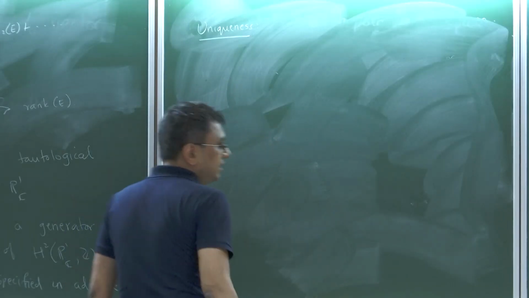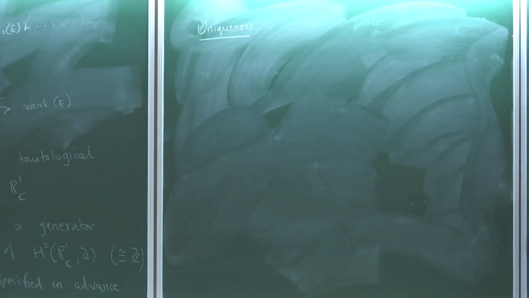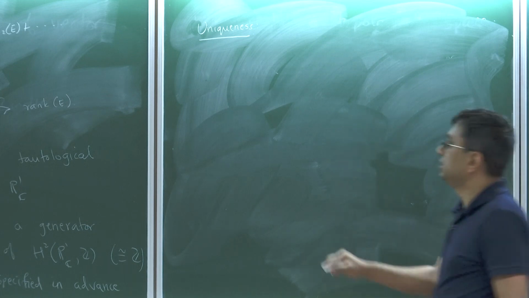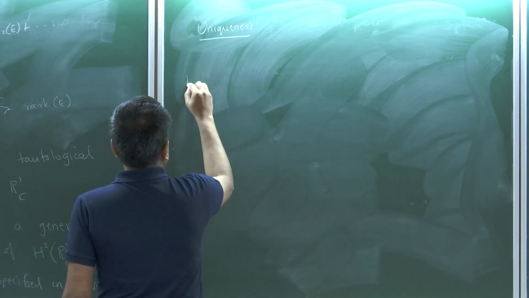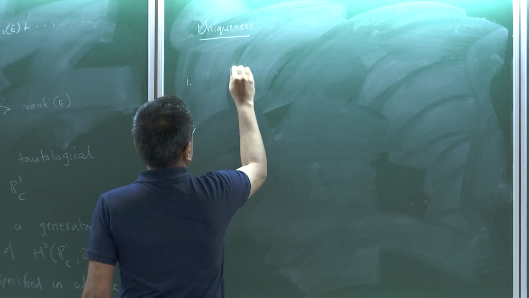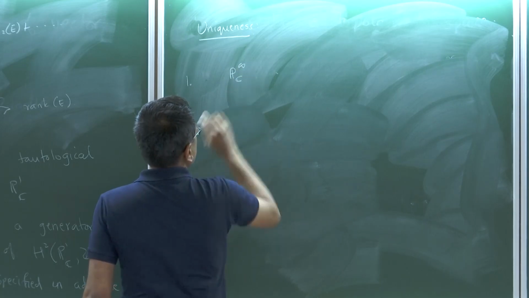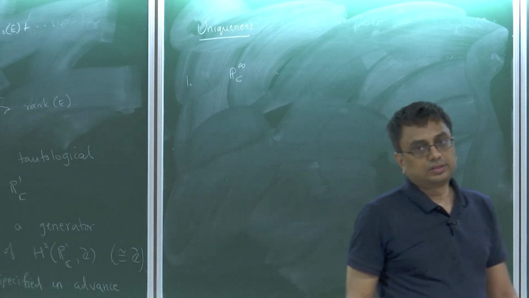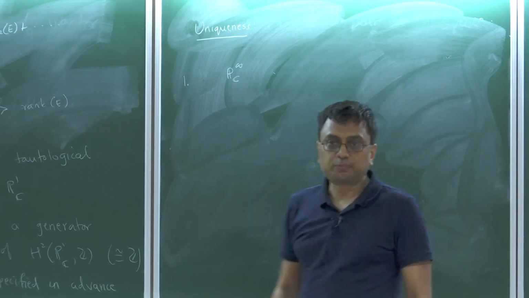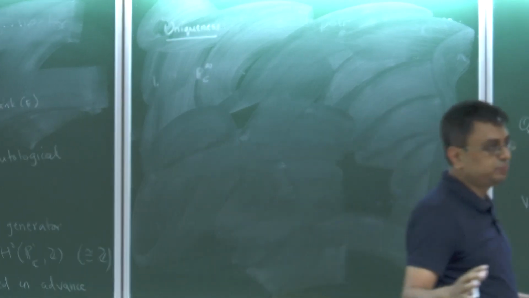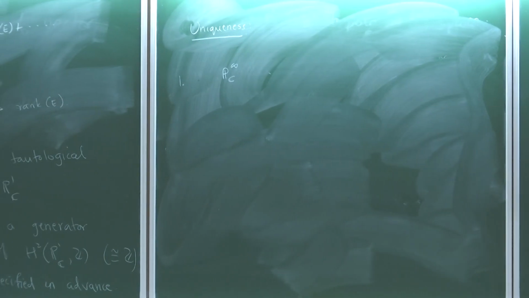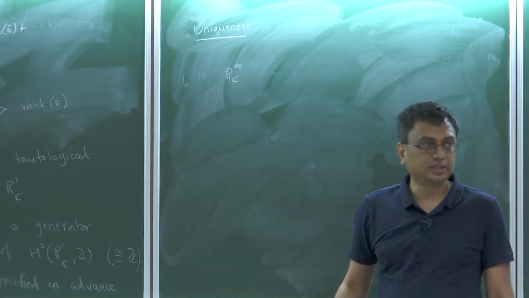So there are two ingredients in proving this uniqueness. So first is that if I look at P infinity C, so this is the union of all projective spaces. Right now it is just a topological space, so I am not considering this as varieties or anything.